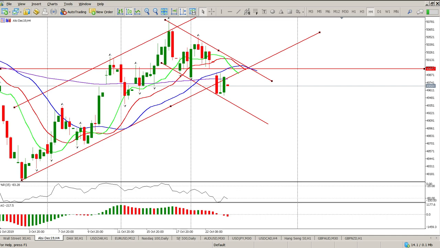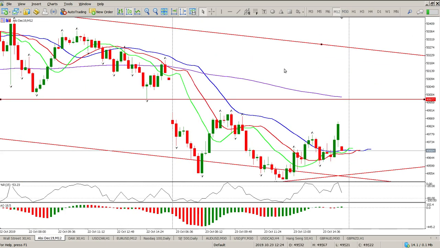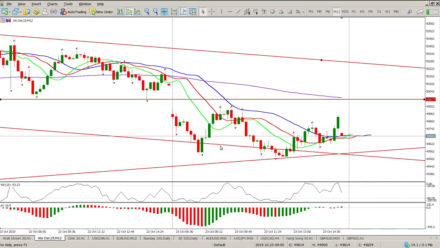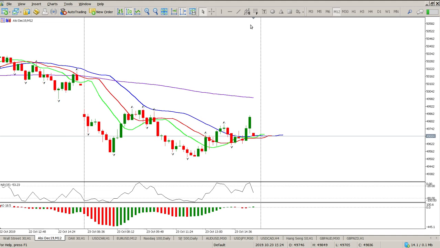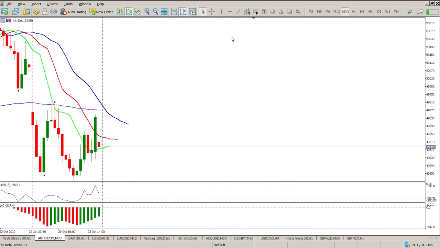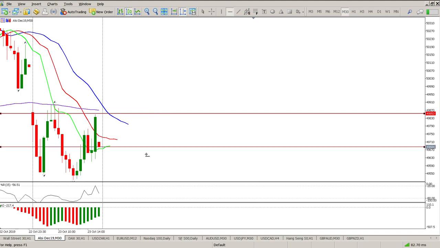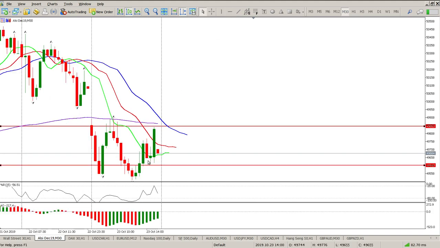Okay, so for me right now, could be a flag, or could just be this channel is going to continue and we've got a bigger channel break. Okay, so lots of different scenarios that we've got, but I think what you want to do is look at this on the 15 minutes, or alternatively look for the closing range strategy, and that's going to give you pretty much almost a double top.